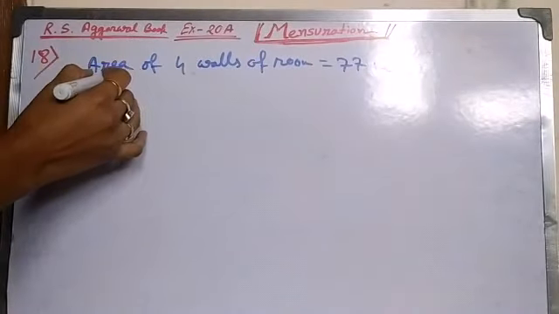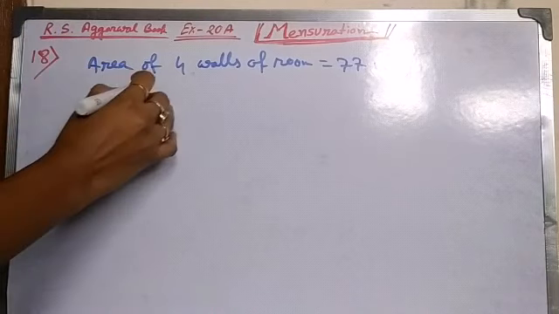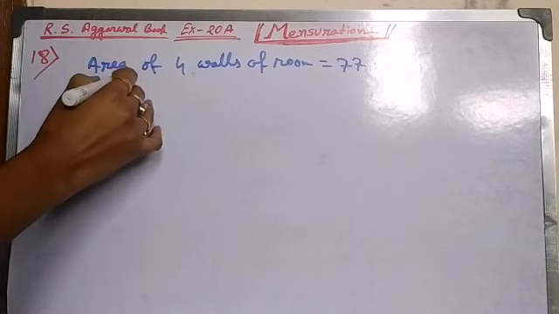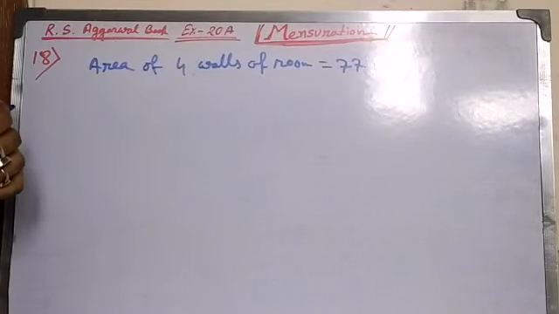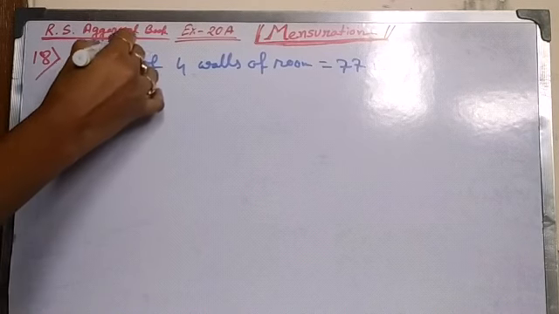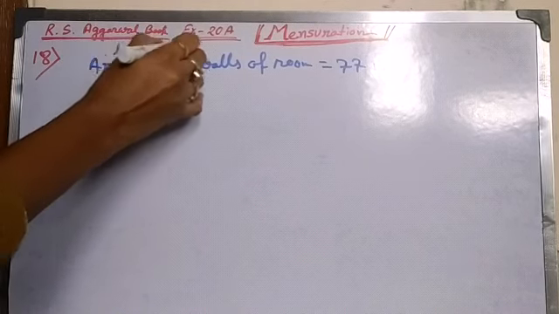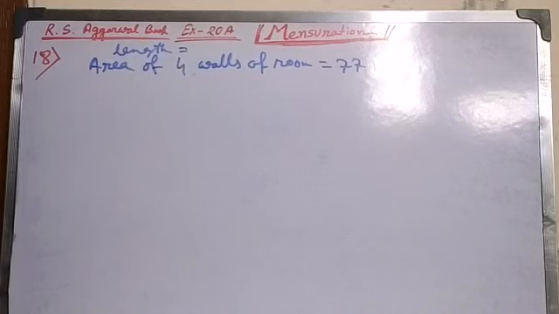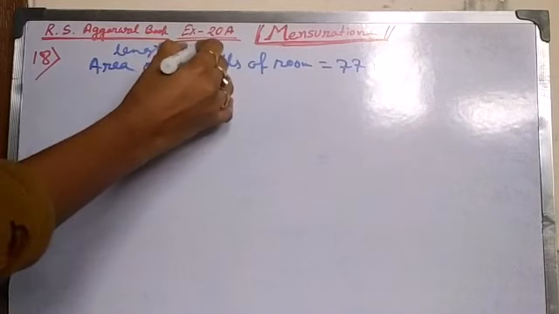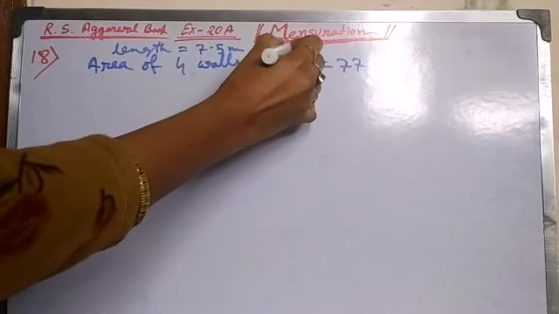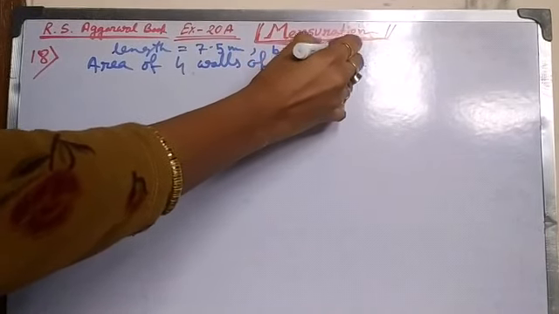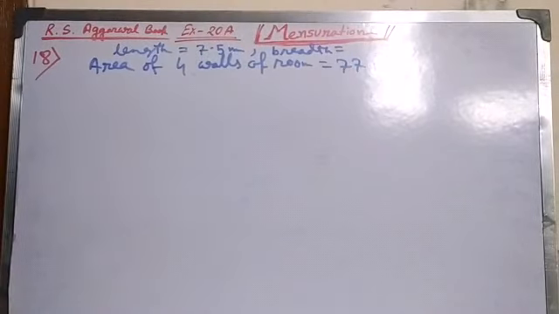So what is the formula of area of the 4 walls? We know, 2 into (length plus breadth) into height. Length is given and breadth also given. Length equal to 7.5 meter and breadth equal to 3.5 meter.